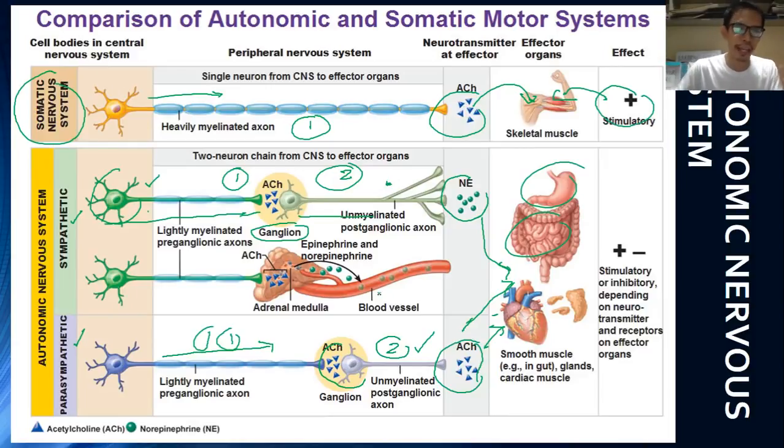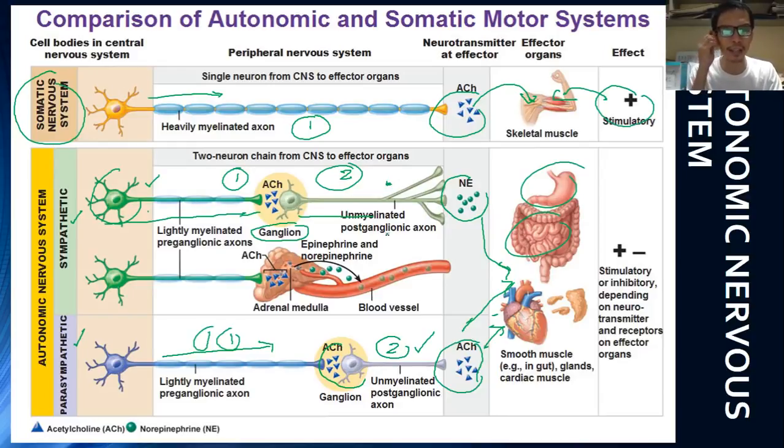Again, the difference between the sympathetic and the parasympathetic nerves is that in the parasympathetic, the first neuron, the preganglionic axon, is longer. Why is it longer? Because these particular neurons are far away from the organs that they need to connect with. In the sympathetic division, since they are near the organs they are connecting with, the preganglionic axon needs to be shorter.